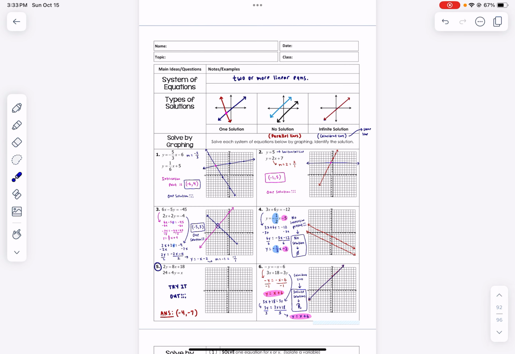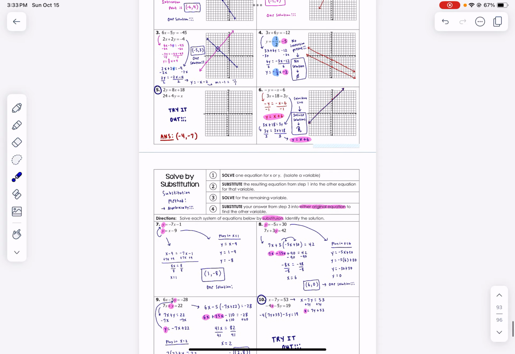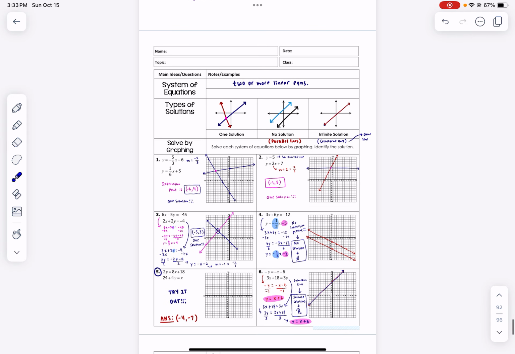We went over the systems of equations. And most importantly, today we looked at two different areas. The first area was solving by graphing, which is this first page, and solving by using the substitution method in this other page. So these are the first two methods of solving systems of equations.